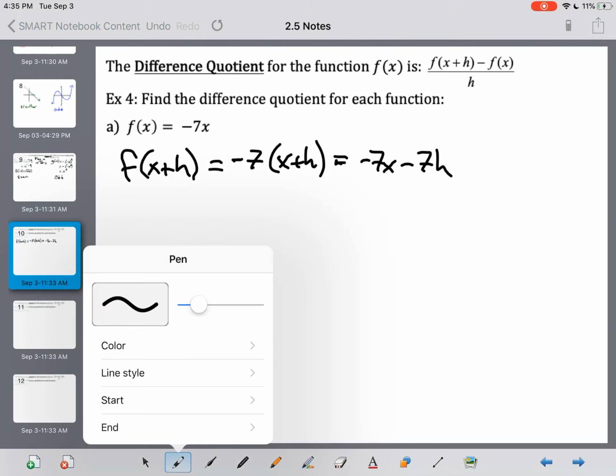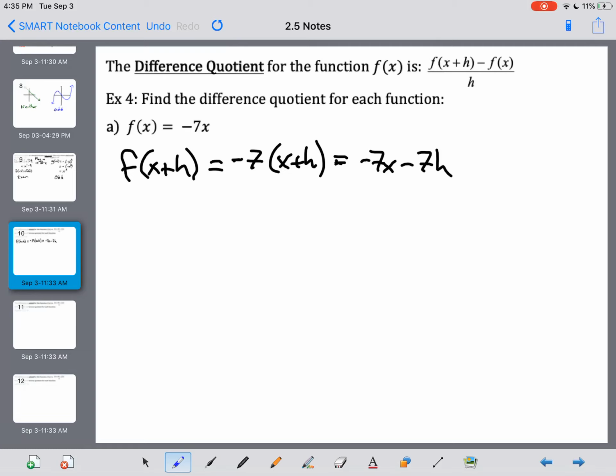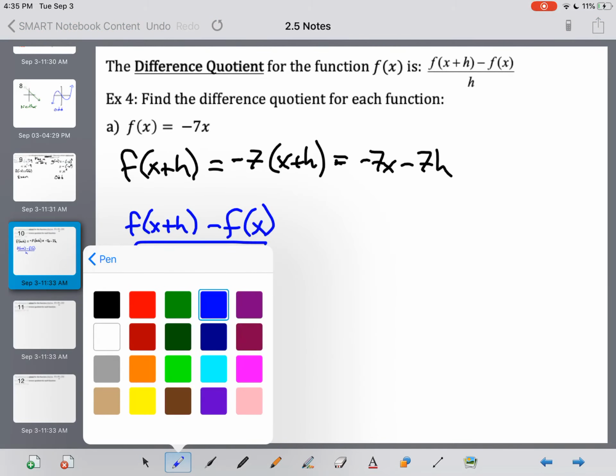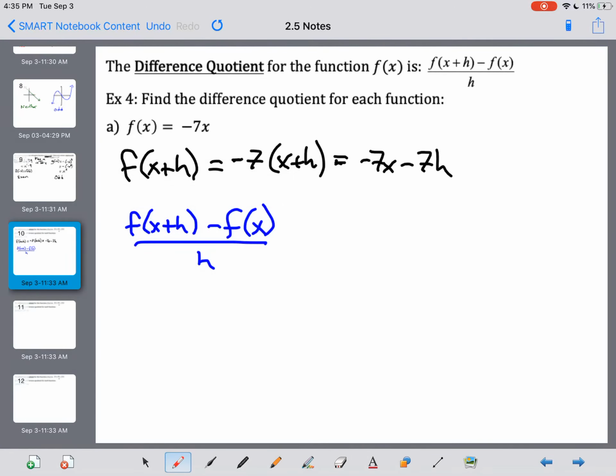I'll do this in a different color. If I'm using this f of x plus h minus f of x all over h, well, we just evaluated what f of x plus h would be. F of x plus h is this negative 7x minus 7h. So I'm going to plug that in place of this.